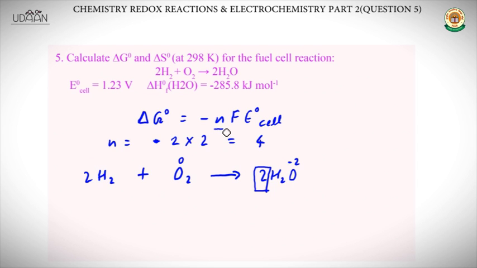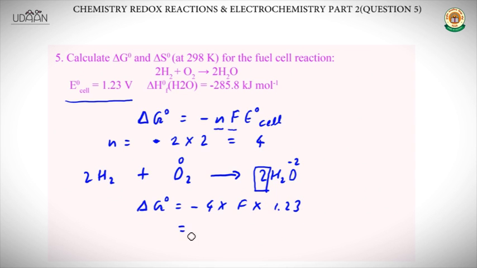So we get the value of N, we know the value of F, and E cell is directly given in the question. From this we can calculate the value of delta G naught, which is minus 4 into F into E naught cell, which is 1.23.